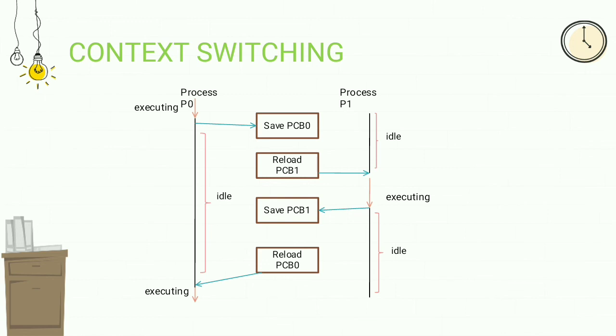For that, we save the process control block 1 and then reload the contents of the process P0. That means we are resuming the process P0 execution. So this is about the context switching of the process. There will be frequent context switching of the processes in the system.